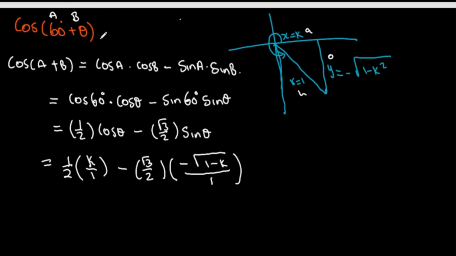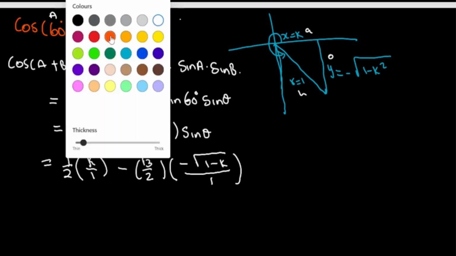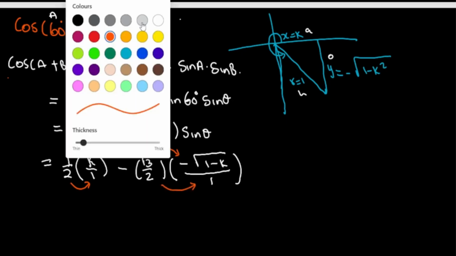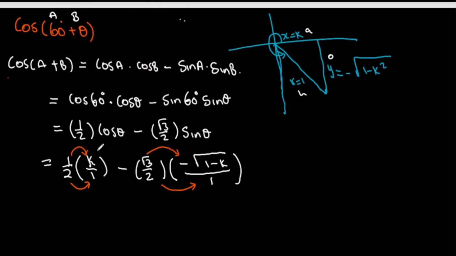We multiply out the bracket by half. So 1 is multiplied with k, 2 is multiplied with 1. It's easy. So the top part will give us k/2. We're going to minus this.